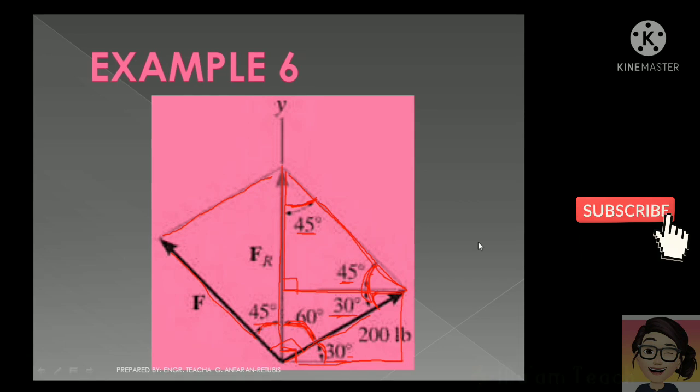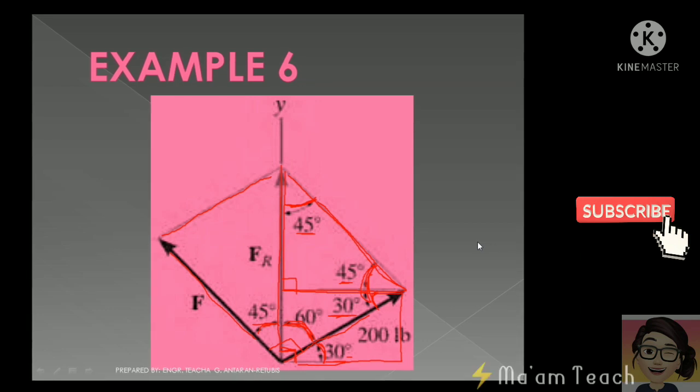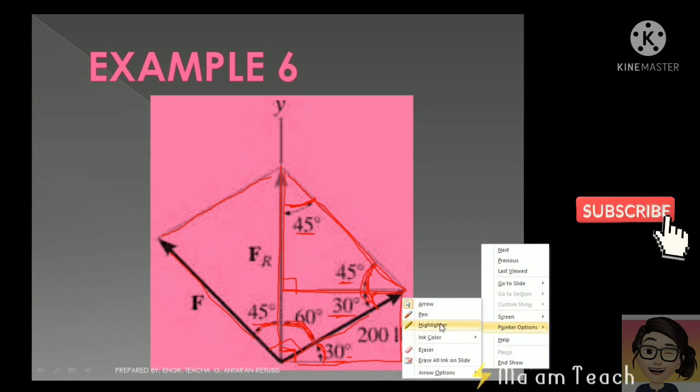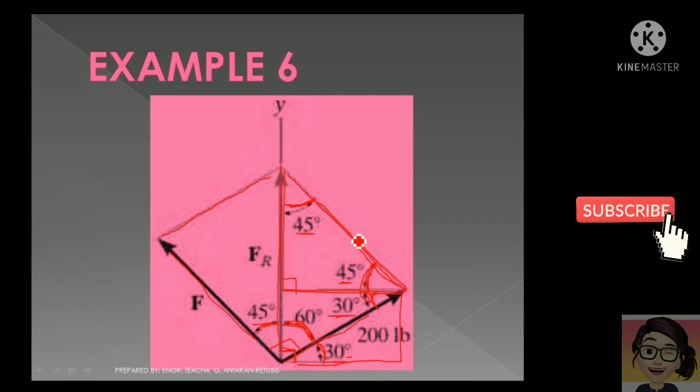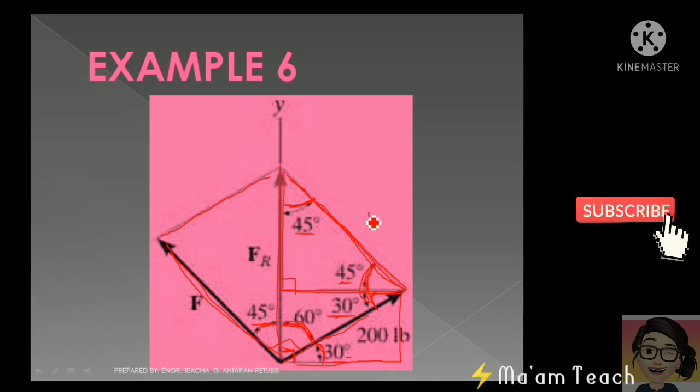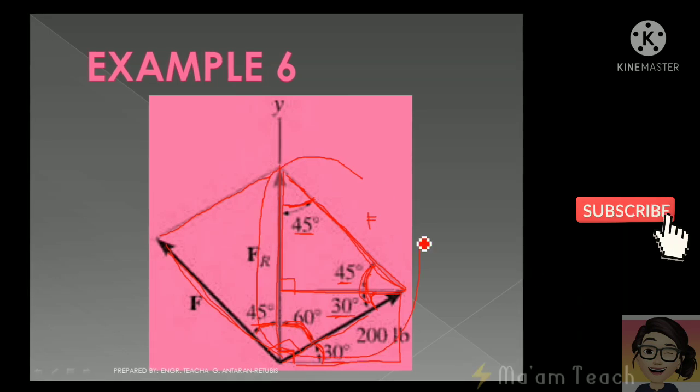Okay, so let us just isolate the other portion of the parallelogram because we will be applying the triangle law. Take note that this side of the triangle is parallel to our force F. That's why we can name this also as force F. So let us isolate this part right here.